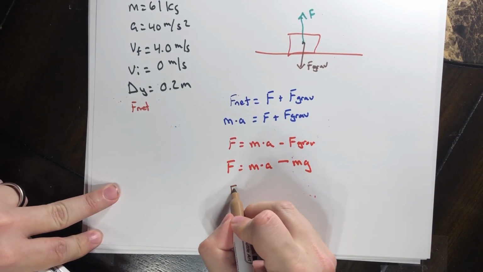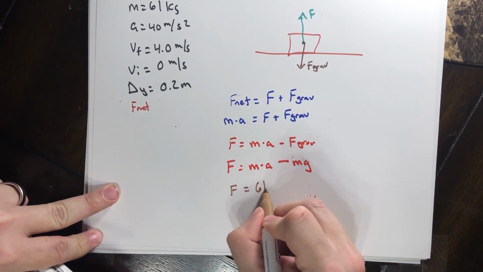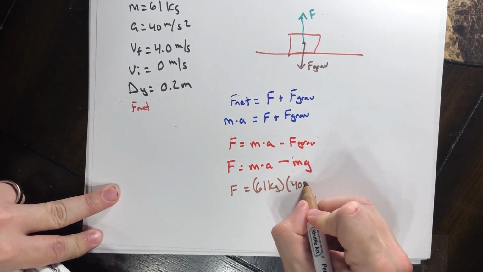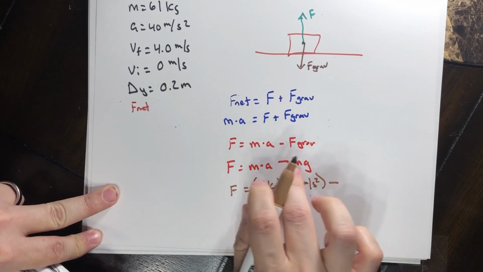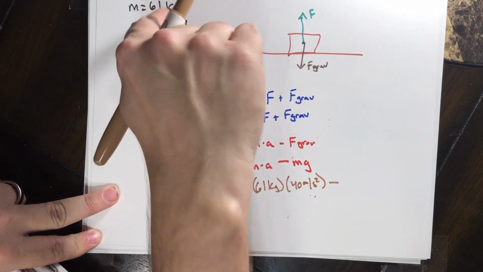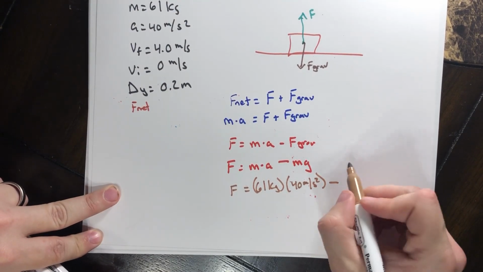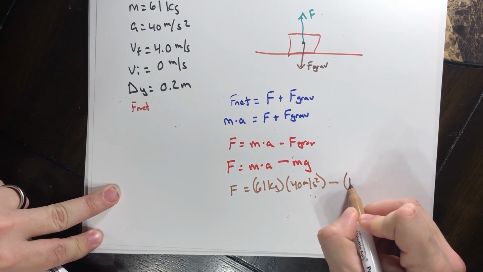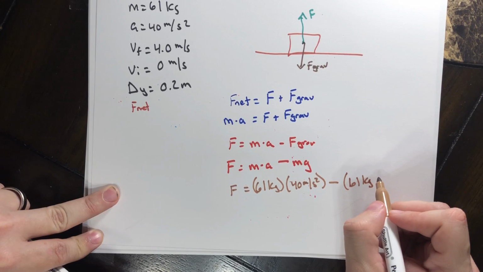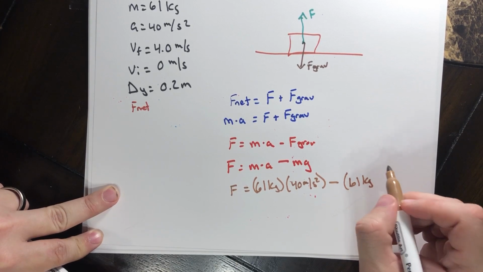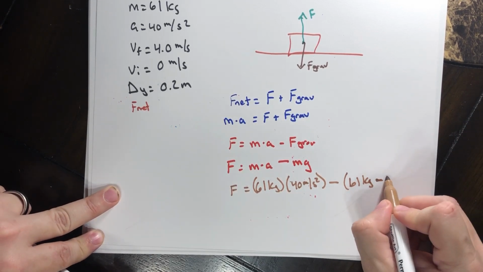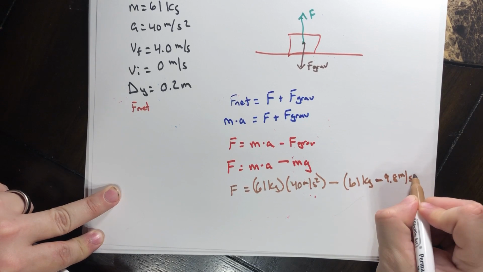We get the force of him pushing up equals his mass, which is 61 kilograms, times his acceleration, which we just solved was 40 meters per second squared, minus the force of gravity, which is 61 kilograms, minus, so don't forget gravity is down, 9.8 meters per second squared.